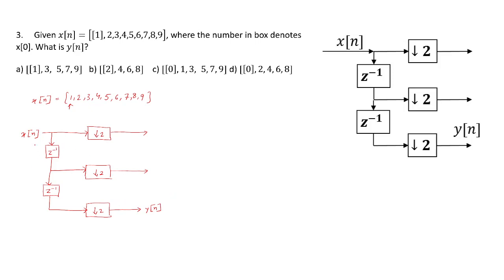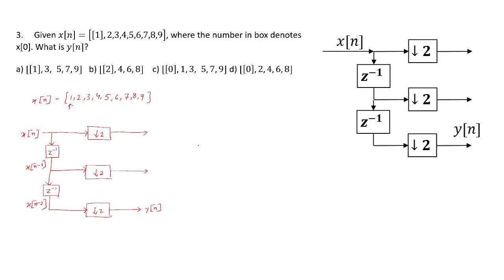So you can see when you pass x of n through this z inverse block, you are basically delaying the input sequence by 1 unit. You pass it again through another delay block, you are getting x of n minus 2 here.